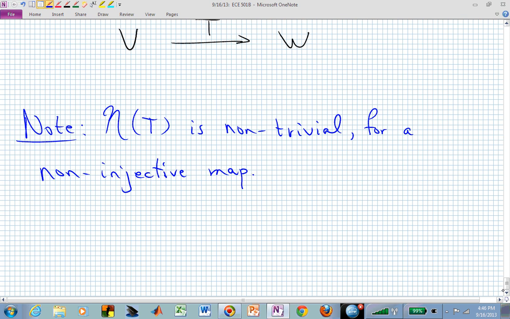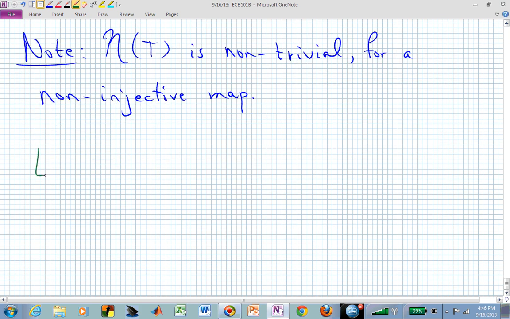And if you wanted to see that, you could just say the following. Suppose that we picked a v in the domain and its result, so let's let omega 1 be T of v. And let's also say that T of u is equal to 0 with u not equal to the zero vector.